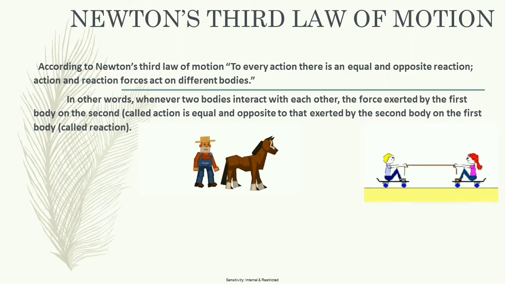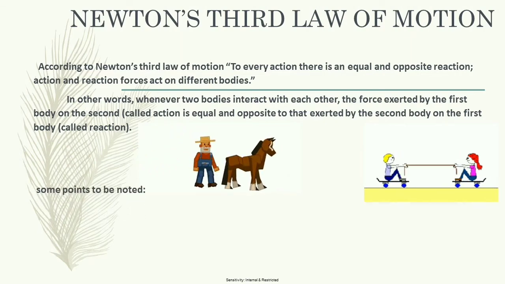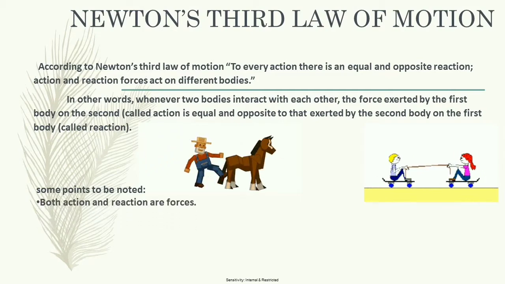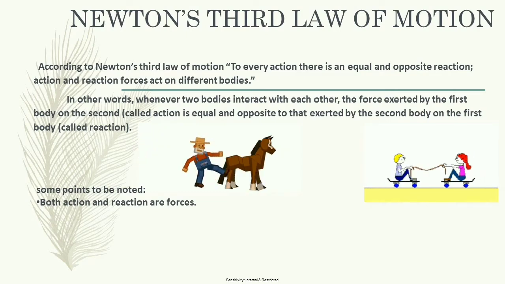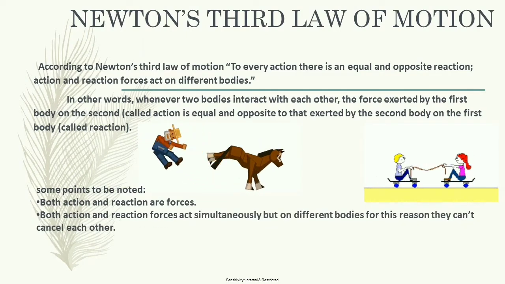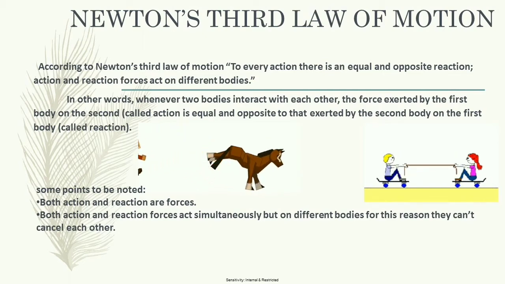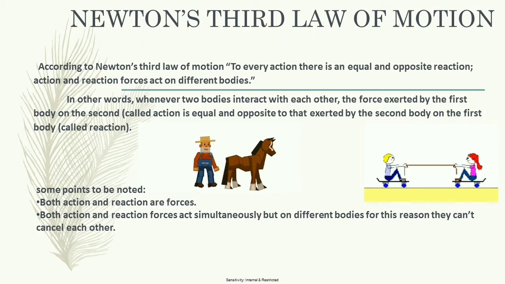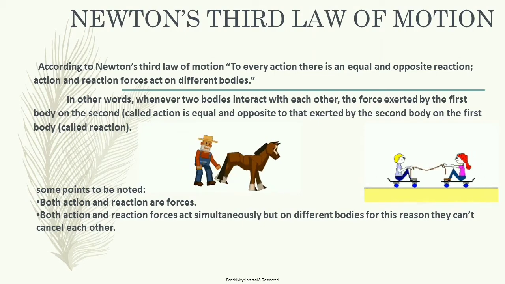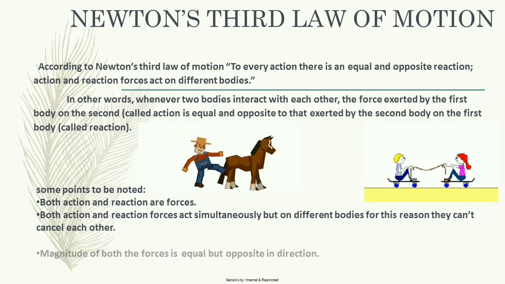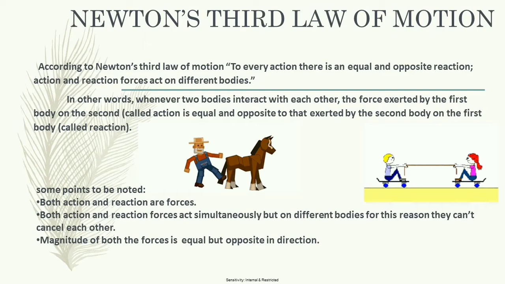By all these examples, the following points must be noted carefully. Both action and reaction are forces. Both action and reaction forces act simultaneously but on different bodies. For this reason, they can't cancel each other. Our next point: the magnitude of both forces is equal but they are opposite in direction.